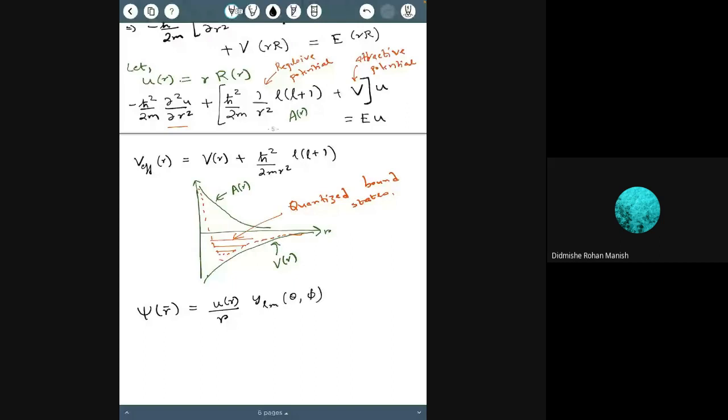From the dependencies in the Schrodinger equation, you see that u depends on the energy and some number L, the quantum number for the L squared operator. So you have to keep that in mind. The u should be related to both the energy and the value of L for which we are carrying out the solution.